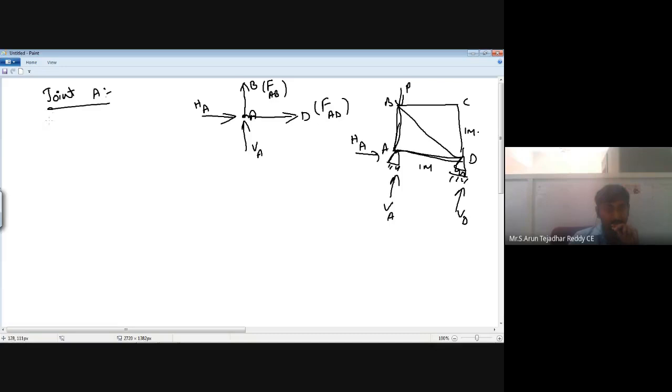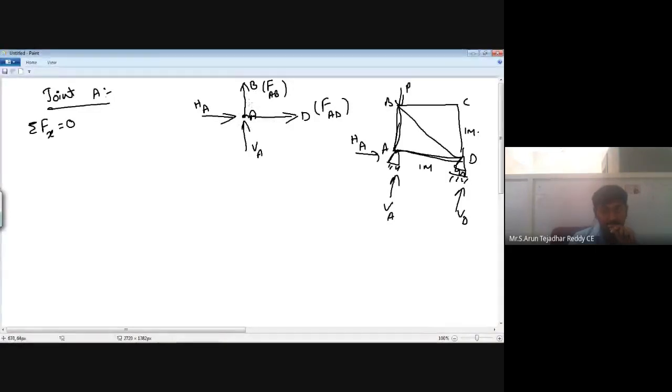Again, apply equilibrium equation conditions. That is, summation of horizontal forces is 0. In this figure, because here we are calculating joint A, how many horizontal forces are acting?